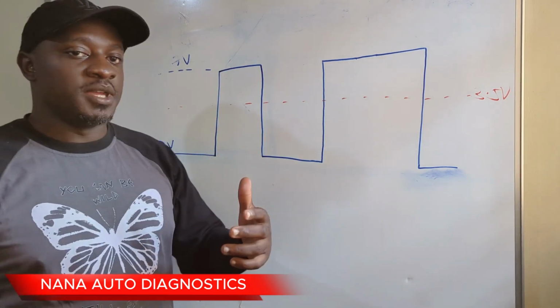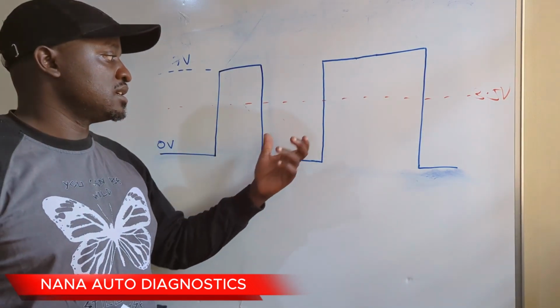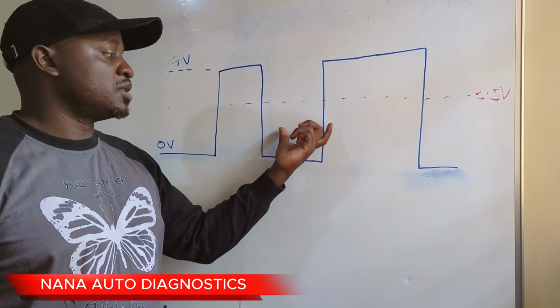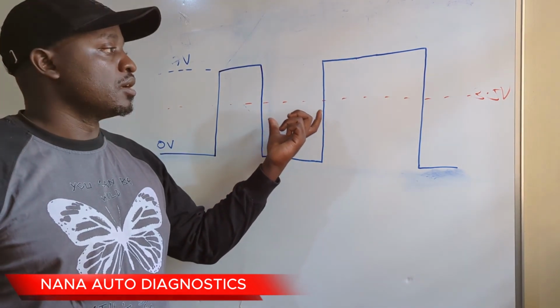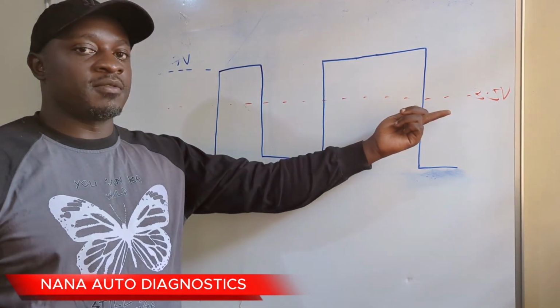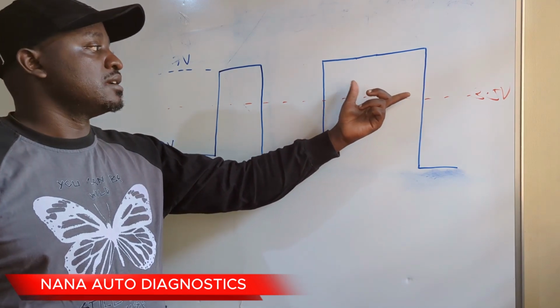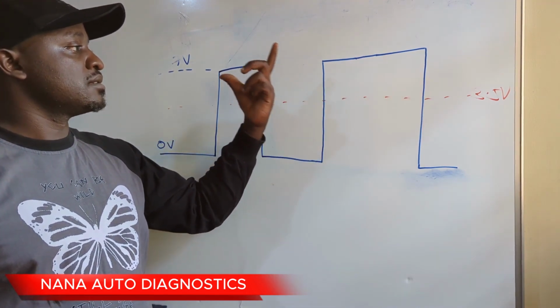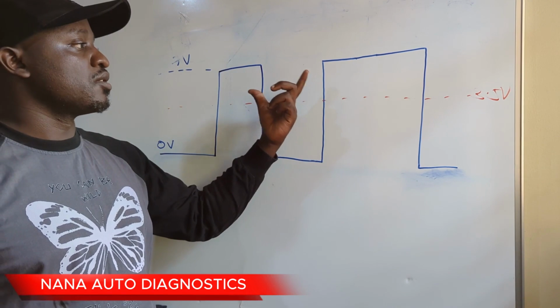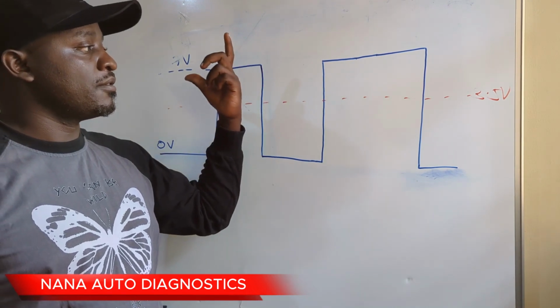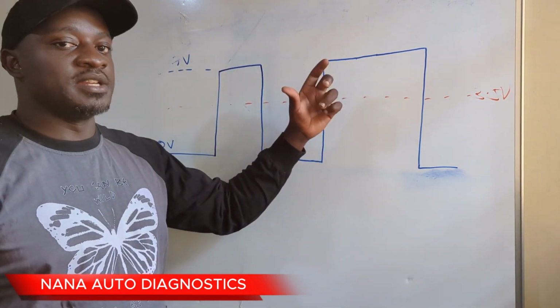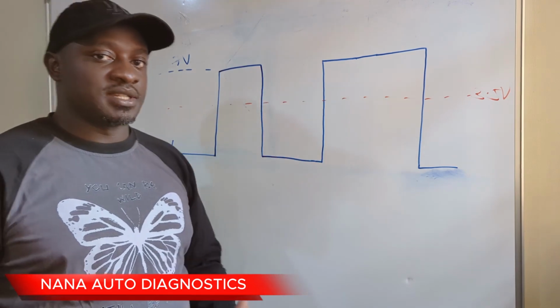So the bus will be in the passive state whenever the voltage levels go below 3.5, and whenever the bus voltages go above 3.5 volts, then it will be in the active state.